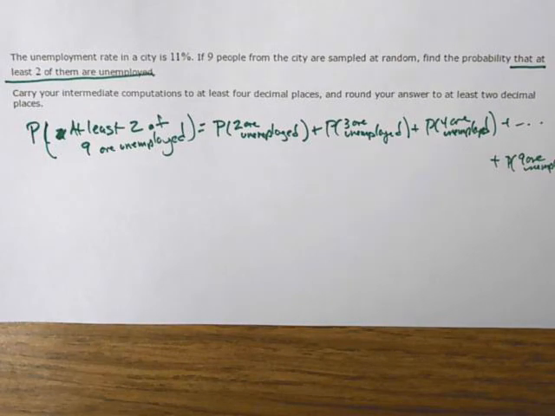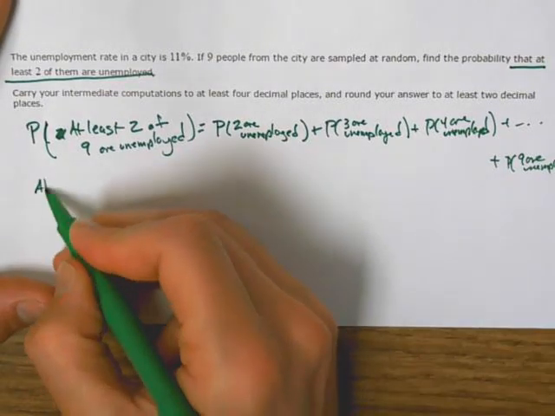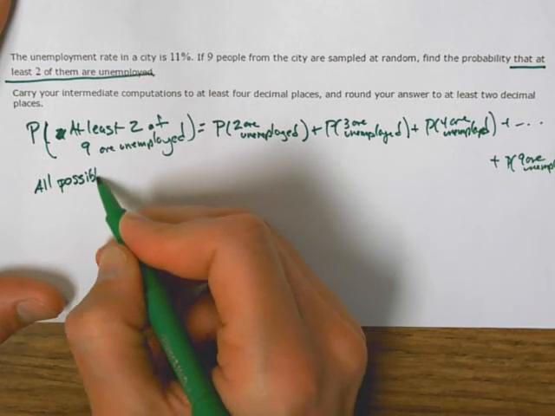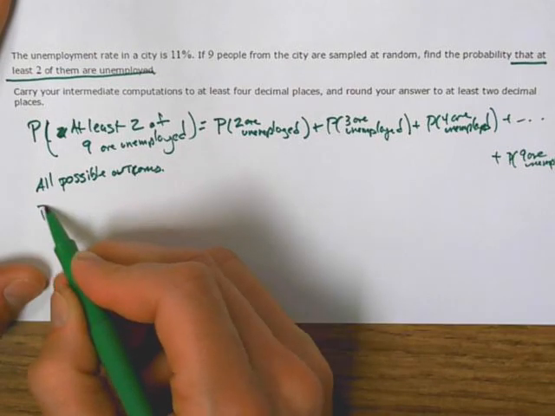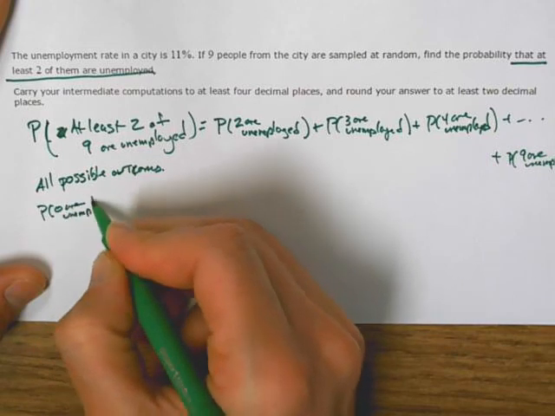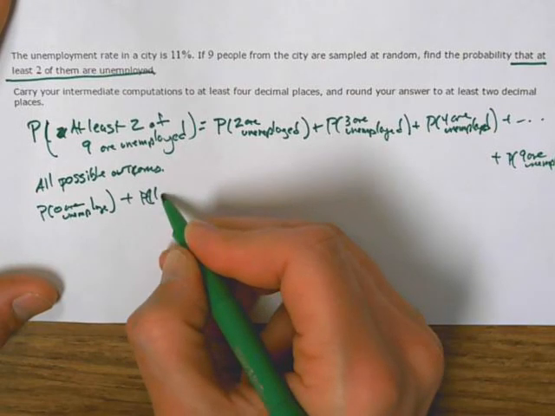Okay, so I'm going to show you a shortcut to this so that hopefully you can cut to the chase. All right. I think you guys would hopefully agree that all possible outcomes would be if I did the probability that 0 are unemployed plus the probability that 1 are unemployed.